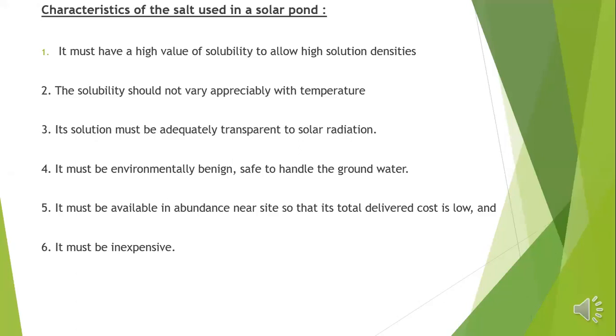So it is usually practiced to fill the pond with several layers of salt solution, with successive layers changing stepwise in concentration from near saturation at the bottom to fresh water at the top. This will be considered an important activity while building the solar ponds.